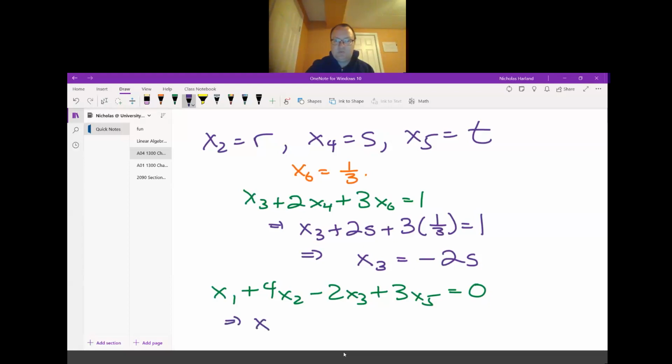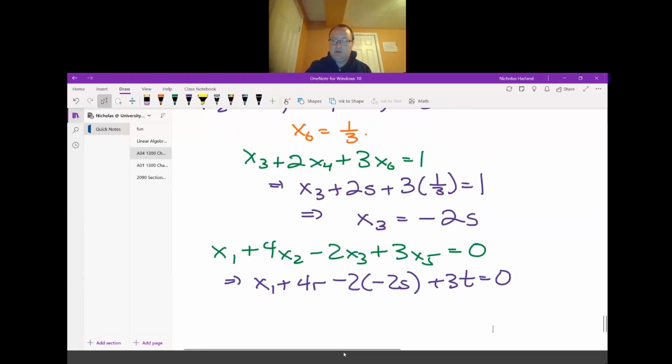So that says x1 plus 4x2, that's 4r, minus 2x3, so that's -2 times -2s, plus 3x5, which is 3t, is equal to 0. And if we move everything else to the other side, that's -4r, -2 times -2s is 4s, so the other side is -4s minus 3t.